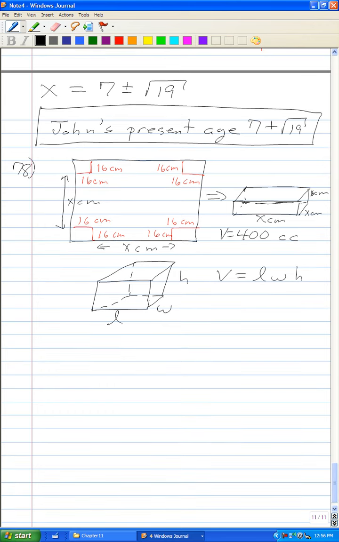And so I have that the volume, 400, is equal to the length, x, width, x, height, 16.